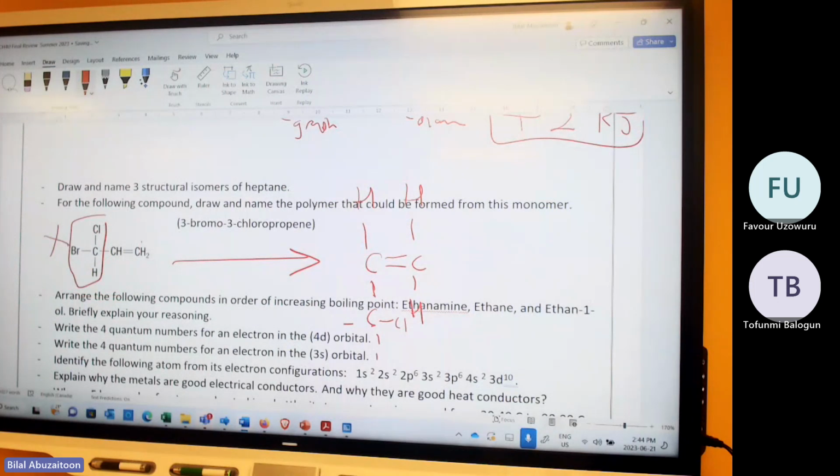It becomes C with H up and H down, and the other C has H up and X down. Then rewrite X as Cl, Br, H. When you copy it this way, the polymerization is exactly the same, but you just need to break the double bond. That's it.